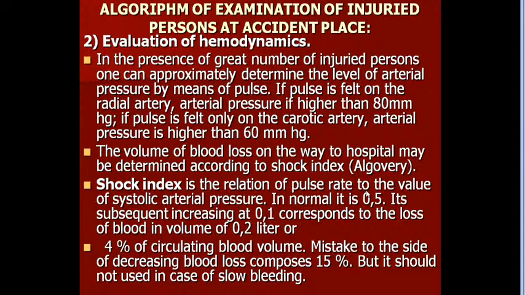Normally it is half a unit. Each successive increase of 0.1 corresponds to a loss of blood volume of 200 milliliters, or 4% of circulating blood volume. The error toward underestimating blood loss is 15%, and the index is not used in case of slow bleeding.